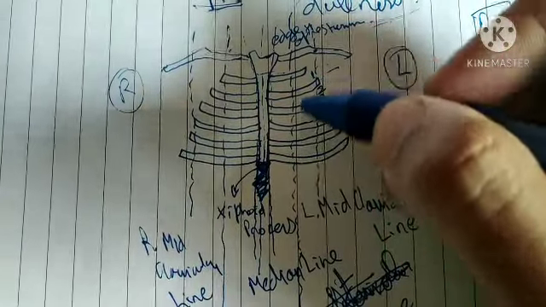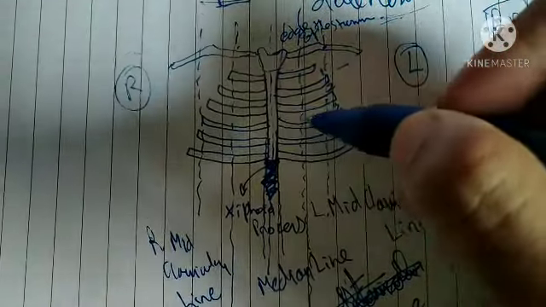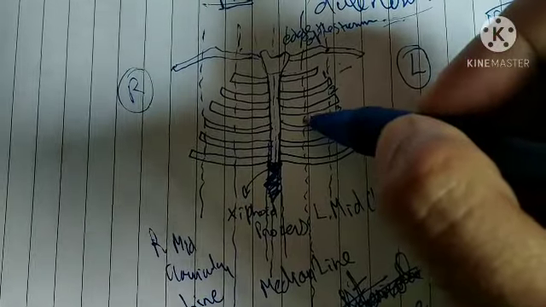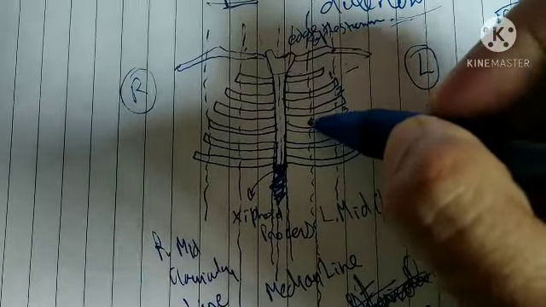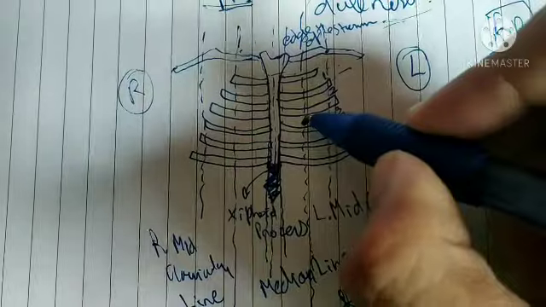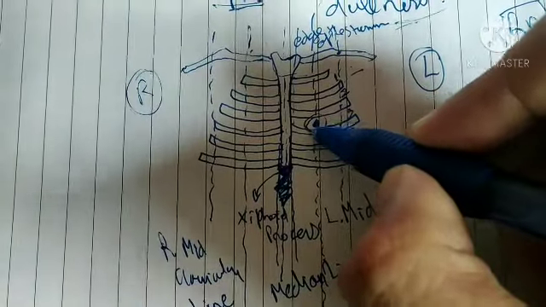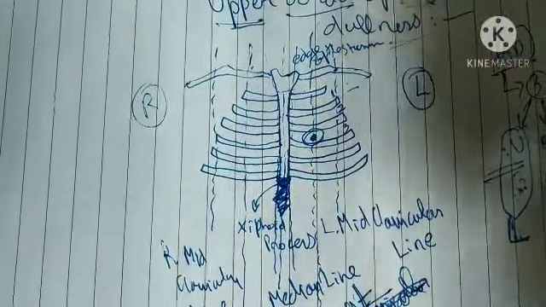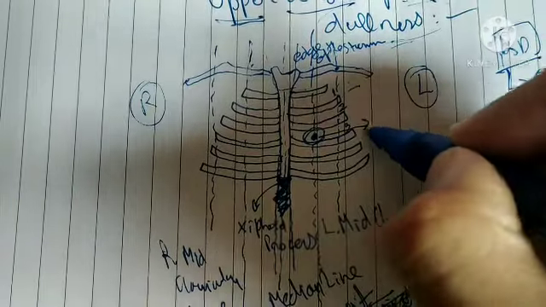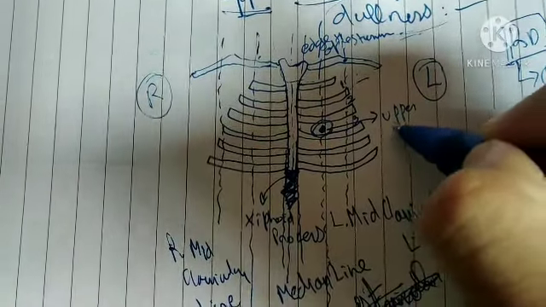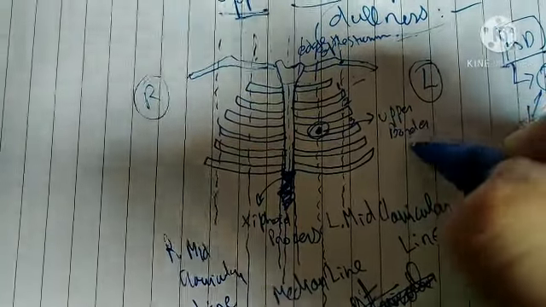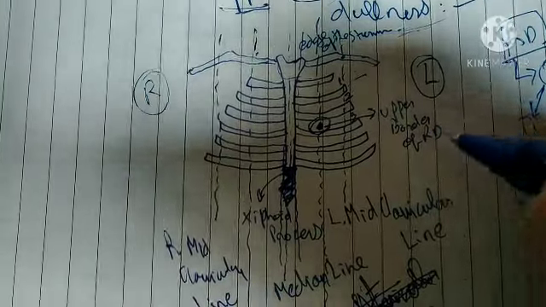The left parasternal line. So in the 3rd intercostal space on the left parasternal line, we draw this dot, and this dot denotes the upper border of relative dullness.